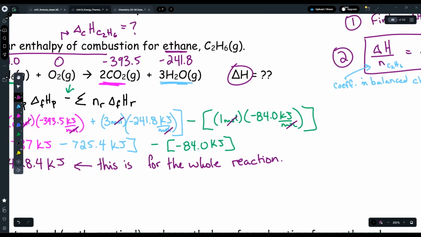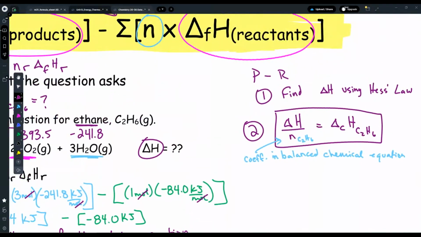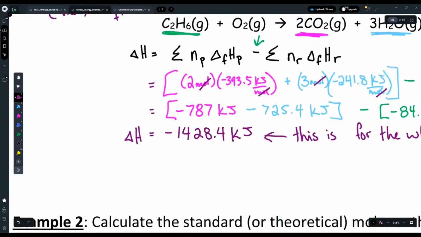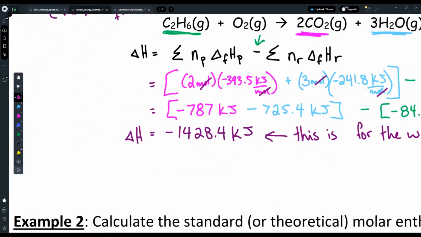That's why I said in my steps: step 1, find change in enthalpy using Hess's law, and then step 2, we need to take that change in enthalpy and divide it by the moles of our substance in order to get the molar enthalpy of combustion for our substance. Okay, so this is step 1 complete.